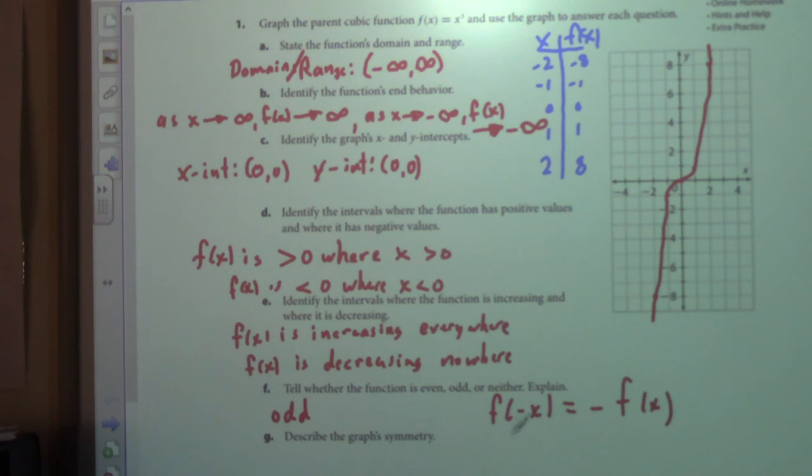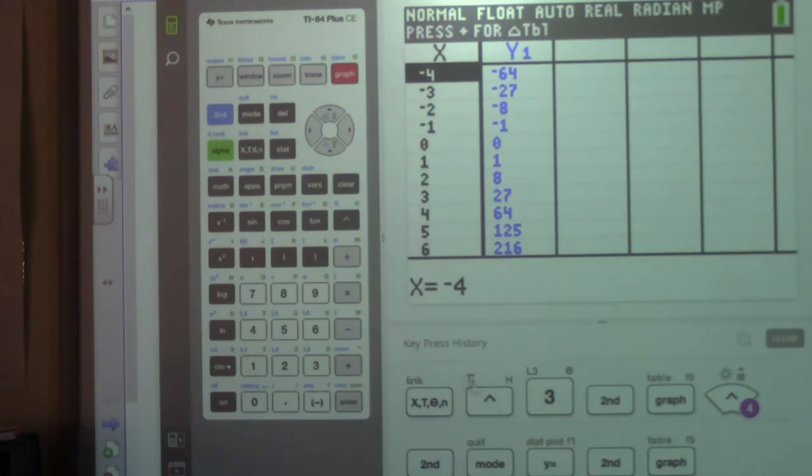Negative 8. So f of negative 2 is the same as negative f of 2. And in your calculator, it looks like this type of symmetry.